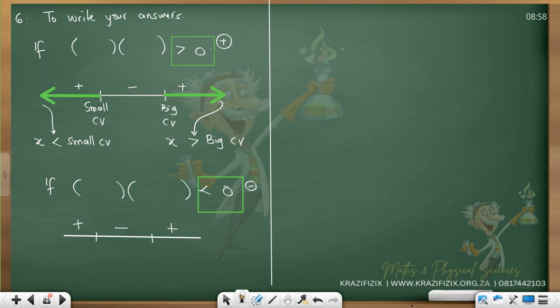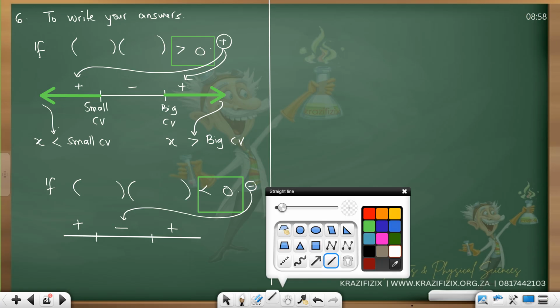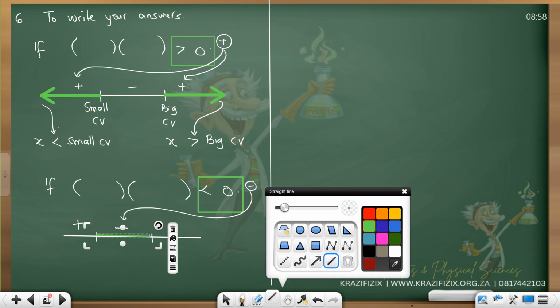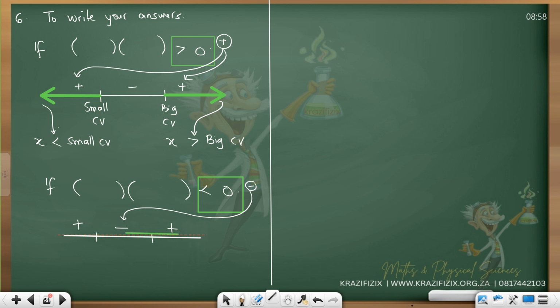The negative, okay, here guys, the positive is here. I'm looking for things that are positive here. Here I'm looking for things that are negative. It is right here. So my negative, let's use a green. It's right here. Let me make it thicker. It is right there.